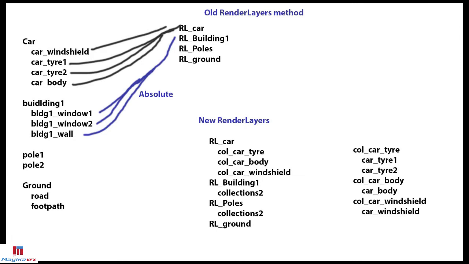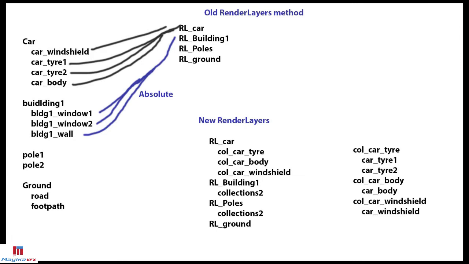As per the old method, to create a render layer, we created RL car, render layer car, and added all car objects into it. Similarly, we added building objects in RL building, which is the render layer building. To add any object settings to any object in a render layer, we need to do it based on object.